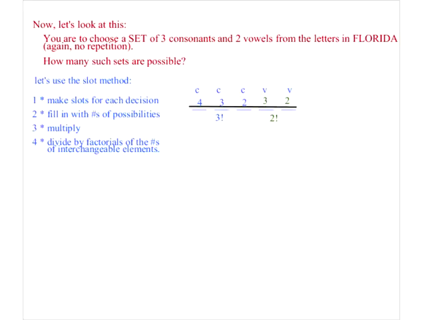Because there are 2 separate interchangeable sets being chosen. Okay, in fact, if you want, you can even conceive of this, I'm going to put some yellow parentheses here, as 2 different problems. And in fact, you could even think of it as picking your consonants separately and picking your vowels separately.